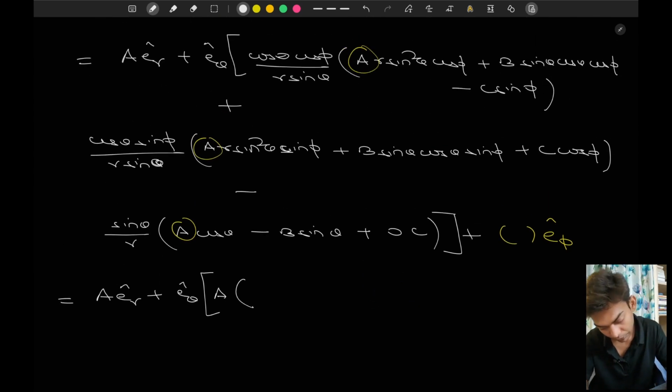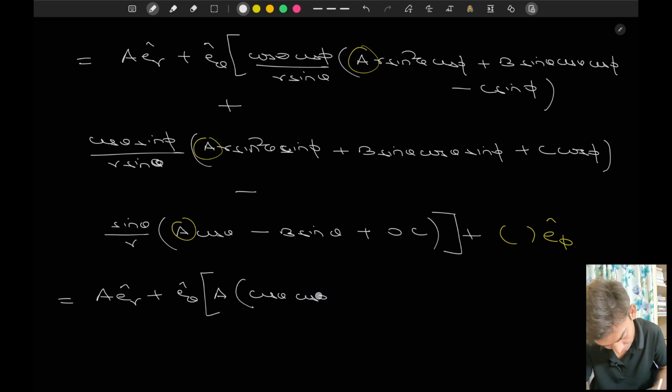So for the a term, this sine theta cancels one sine theta here, r cancels r, and we have cos theta cos square phi.